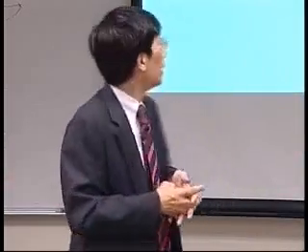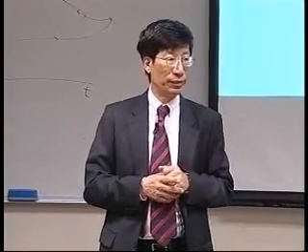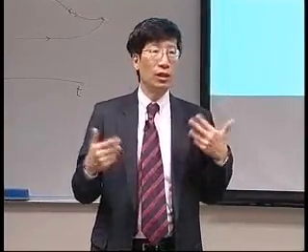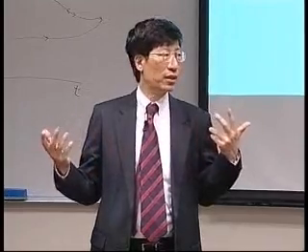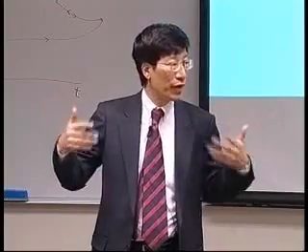All right? Now, if I put a parameter epsilon here, and I call this integral I0 of epsilon, and eventually I want to look at this kind of integrals when epsilon goes to 0. Now, intuitively, what does this mean? This means that the exponent is rapidly varying.